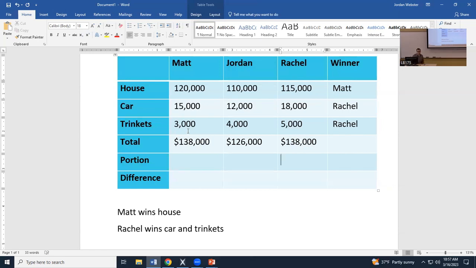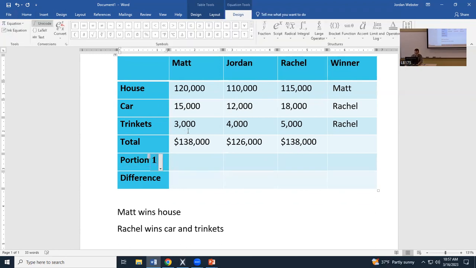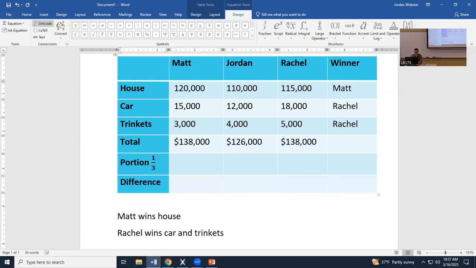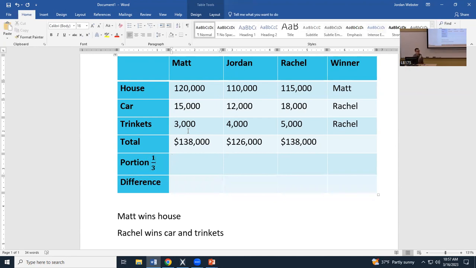Now that's their total bid. But because there are three people, how much should Matt walk away with in his own mind to get a fair share?